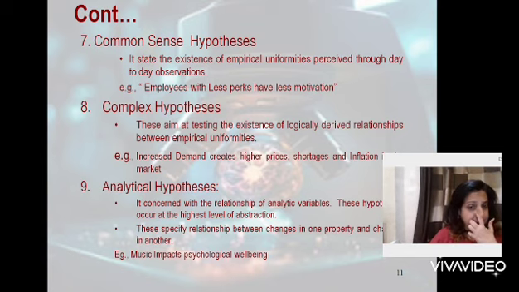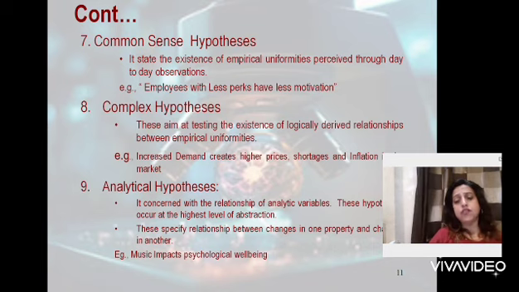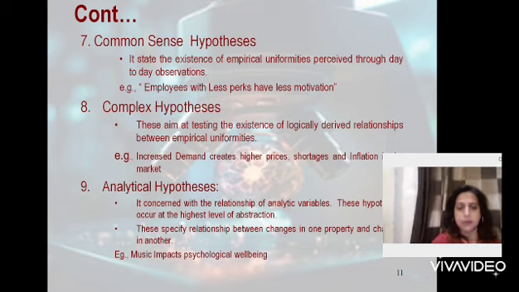So when I give the example, increased demand creates higher prices, it creates shortages in the market, it develops inflation in the market, I am trying to relate that this increased demand is creating n number of other dependent and independent variables. So that particular statement becomes a complex hypothesis.